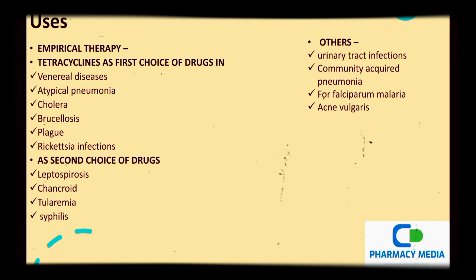That's why it is included under empirical therapy. Also amoebiasis, and it is also used for falciparum malaria as an adjuvant to quinine or artesunate. It is also used in acne vulgaris. Prolonged treatment with low doses may be used in severe cases of acne, but simpler treatments are preferred in most cases.